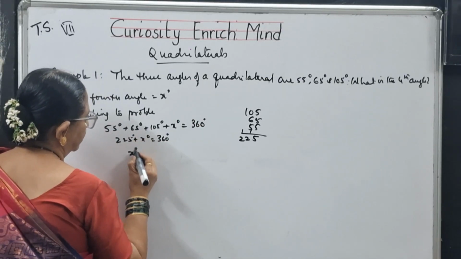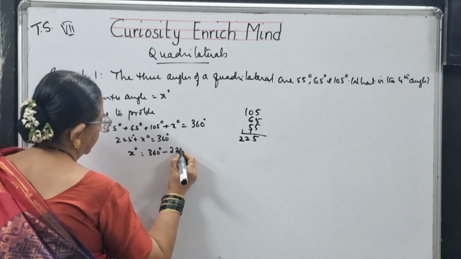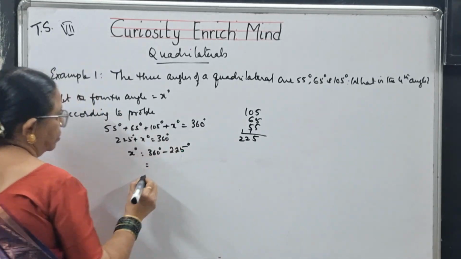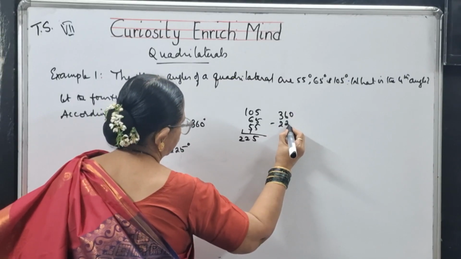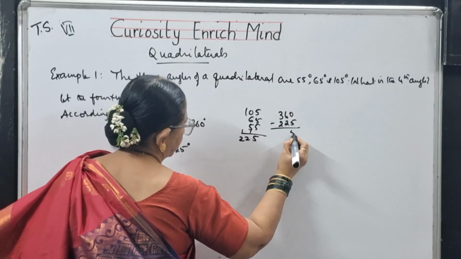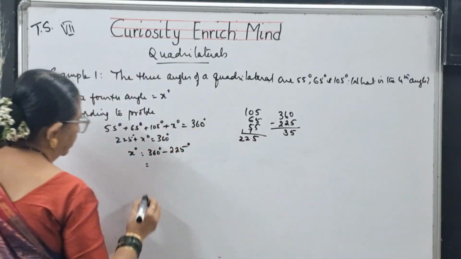So what is x degrees? 360 degrees minus 225 degrees. From 360, if you subtract 225, how much do you get? 10 minus 5 is 5, 5 minus 2 is 3, 3 minus 2 is 1, children, sorry, 135 degrees.